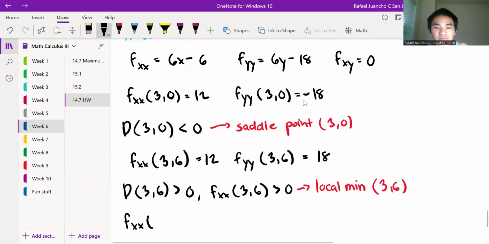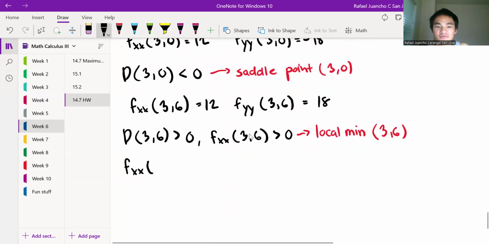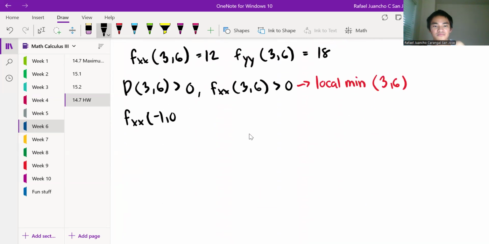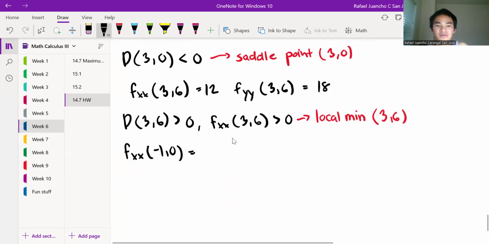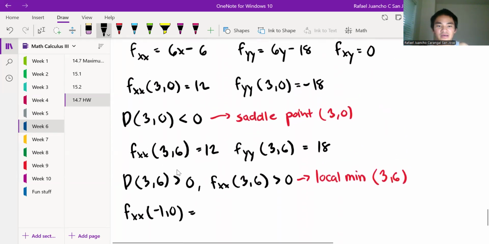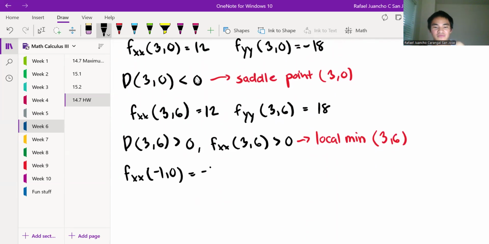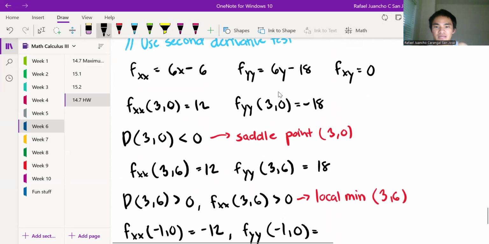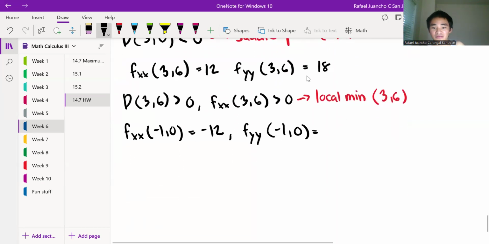What else can we say? So another critical point. Negative 1 and 0. Well, here, if I plug negative 1 in my thing here, I get negative 6 minus 6, so I get negative 12. Now, if I plug in my y value, here I just get negative 18 again.